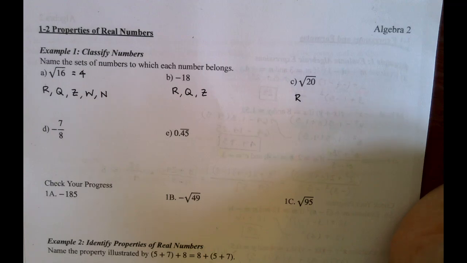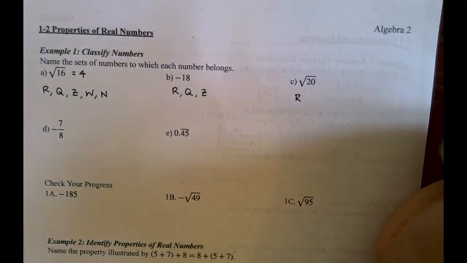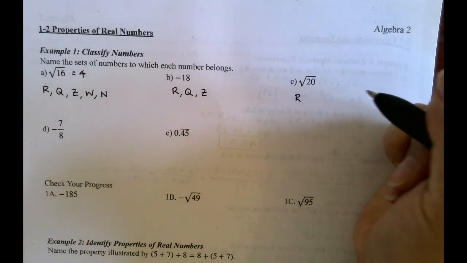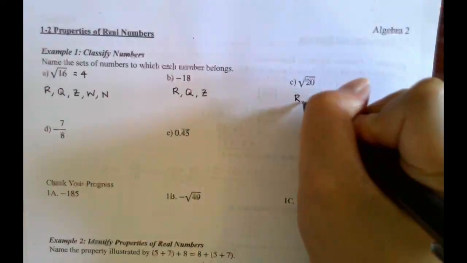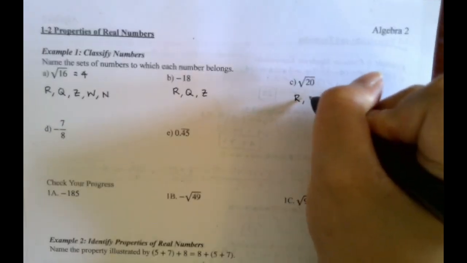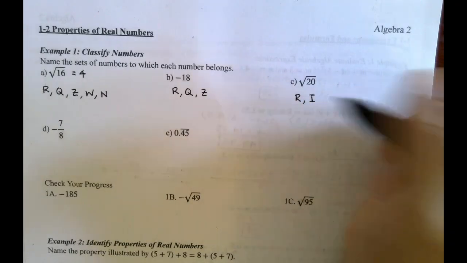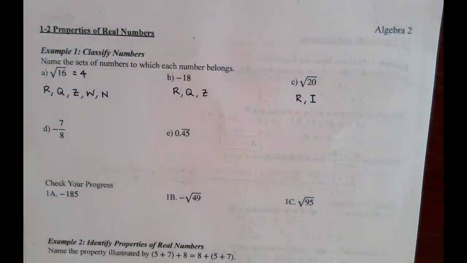However, it can't be written as a fraction of integers. Because it's a decimal that goes on forever with no pattern and no repeat, it is considered an irrational number. So that would be I. And since it's irrational, it can't be part of any of the other families like integers, wholes, and naturals.